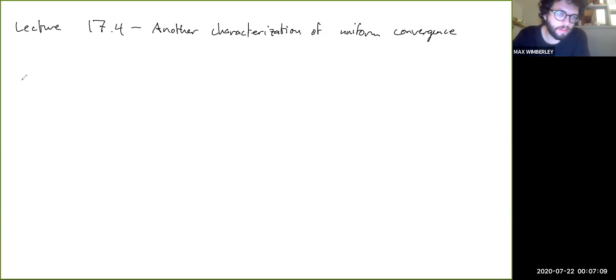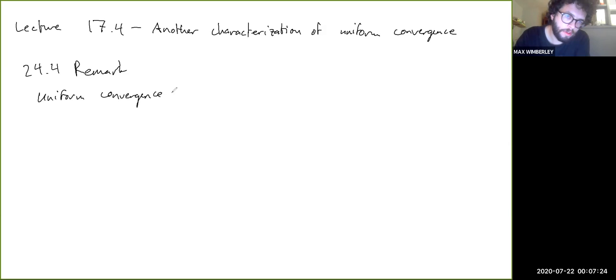So this is remark 24.4. Uniform convergence can equivalently be described as follows.